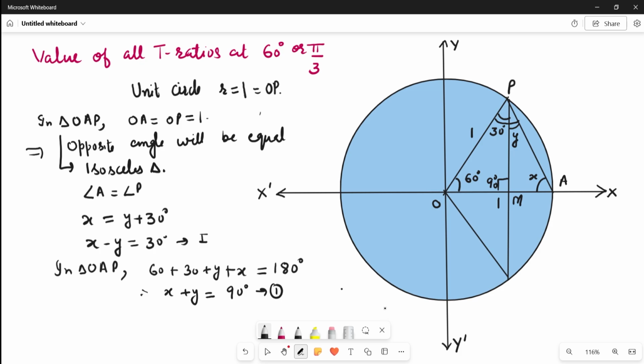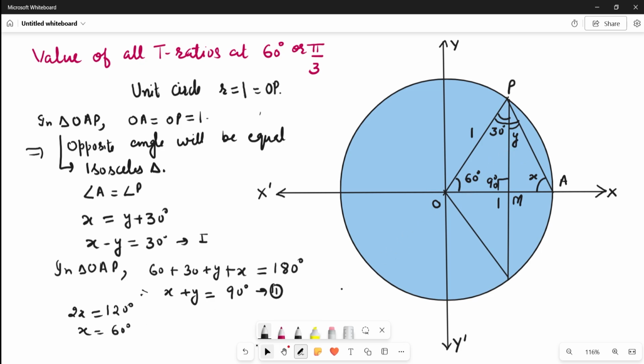Now we will find the values of X and Y. Therefore, if we add 1 and 2, we get 2x is equal to 120 degree, means x is equal to 60 degree.